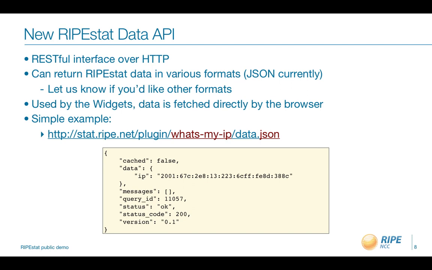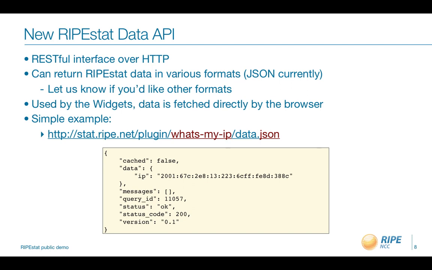As said before, the Data API is used by the widgets, so after a widget is built, the data is fetched by the browser directly from the Data API. Here you can see a simple example of how this works. It's basically an HTTP URL, and you specify which service you want the data for, and which format.